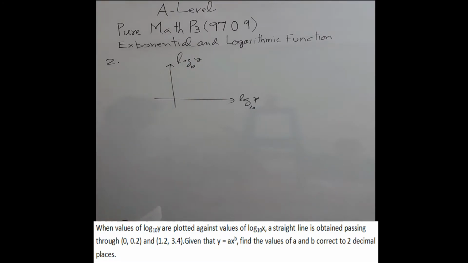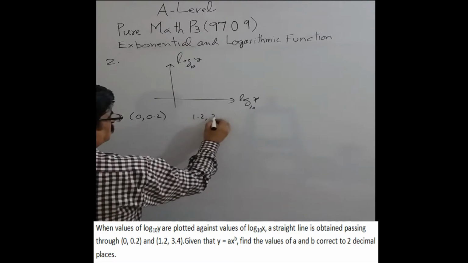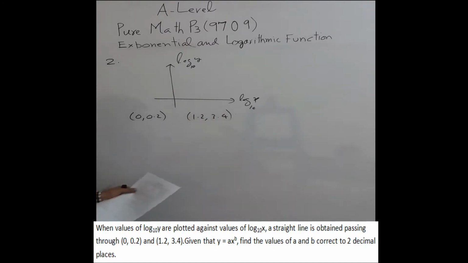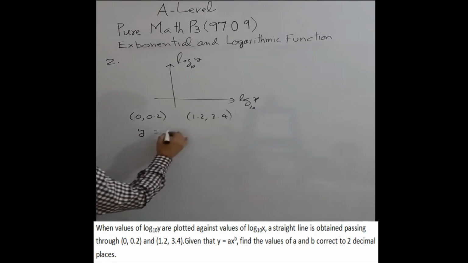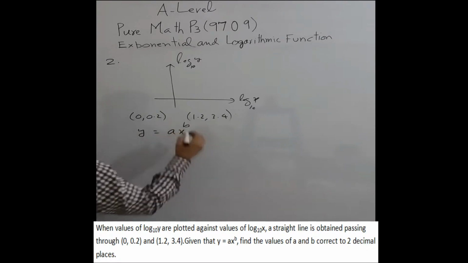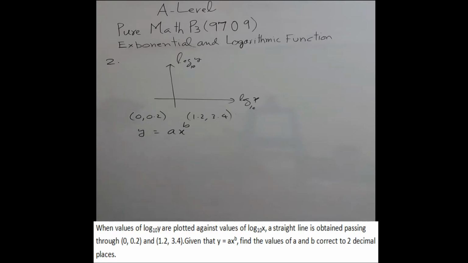When this graph is plotted, a straight line is obtained passing through the points 0.2 and 1.2, 3.4. Now we are given that the relationship is this. Find the values of a and b correct to two decimal places.